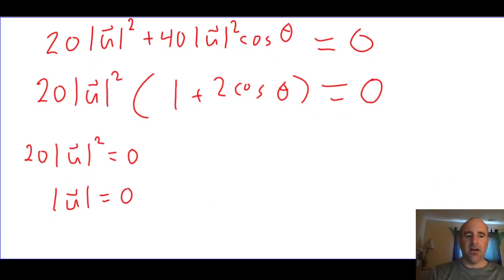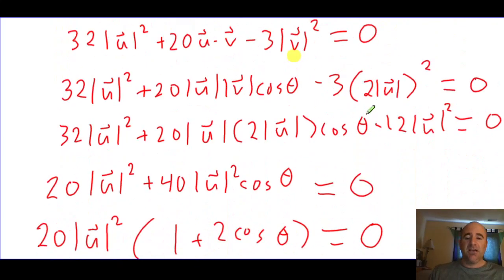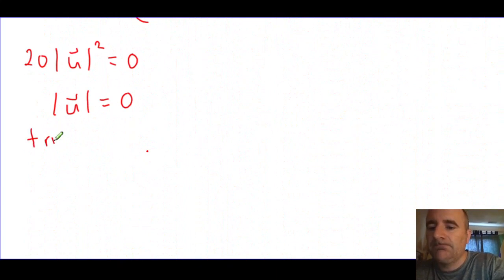If we back up, we would then say the magnitude of v is also equal to 0. And what's the angle between the vectors? Well, there is no angle between the two 0 vectors. So technically, if these are 0 vectors, we could argue that they are perpendicular. This is often what's called the trivial solution. It doesn't really count.